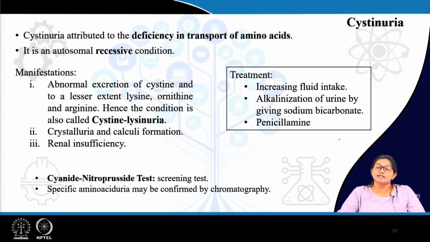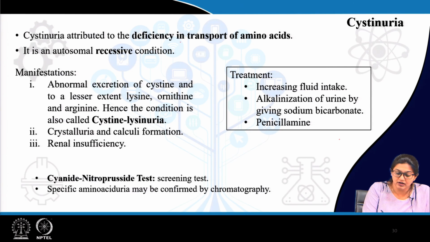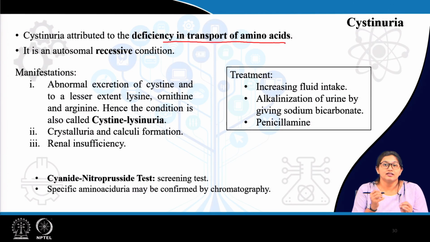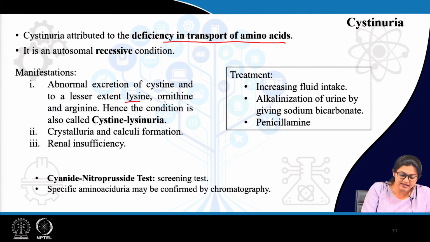Then we are coming to cystinuria. So, here cystine will be excreted in urine, and the defect is in different transporters of amino acids. Remember, these amino acid transporters transport cystine as well as a few other amino acids like lysine, ornithine or also arginine.